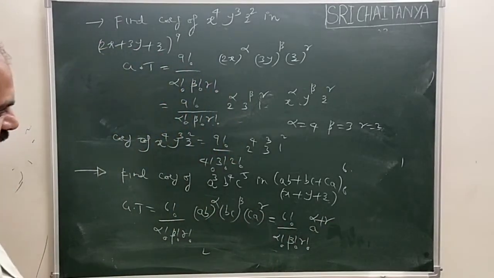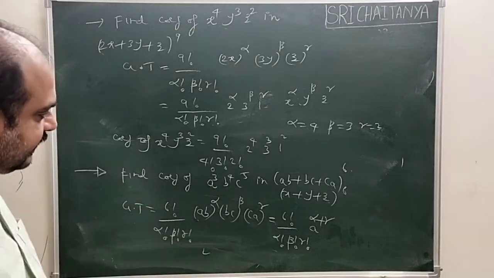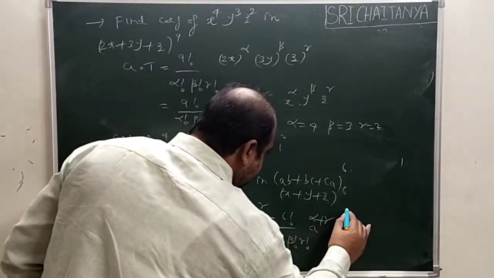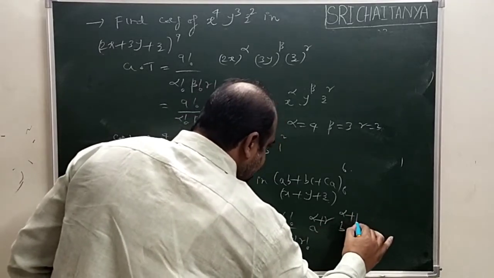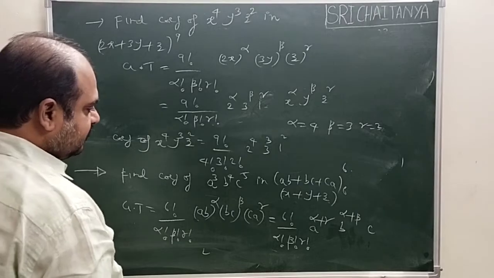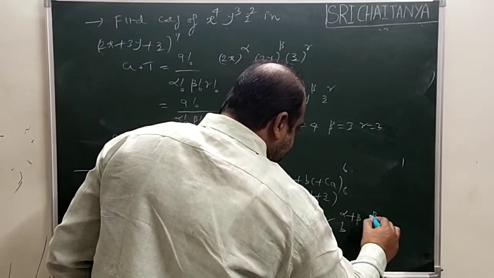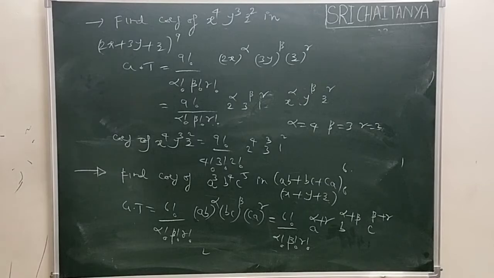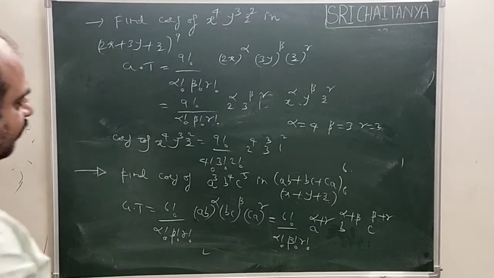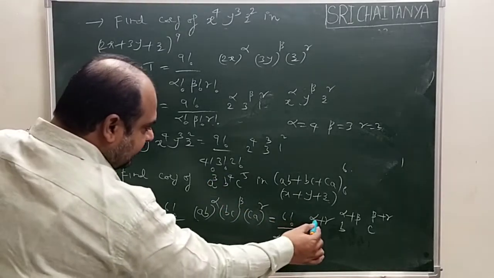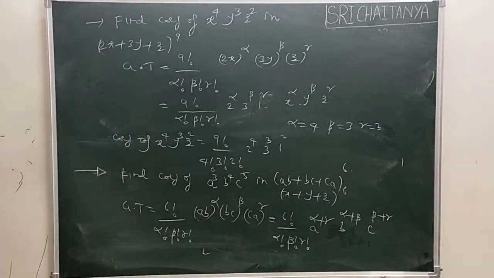A to the power alpha here, gamma here, b to the power alpha here, beta here, right? c to the power beta plus gamma, right? So it is like this. Now what he is asking is a cube b power 4 c power 5. So alpha plus gamma is what? Equate that to 3.